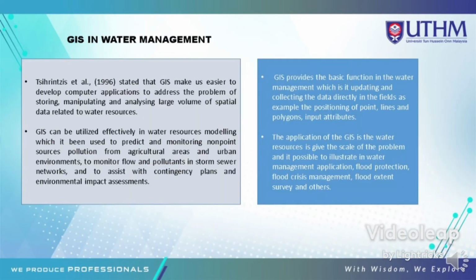Okay, the last but not least is GIS in water management. Size 1996 said that GIS makes it easier to develop computer applications to address the problem of storing, manipulating and analyzing large volumes of spatial data related to water resources.